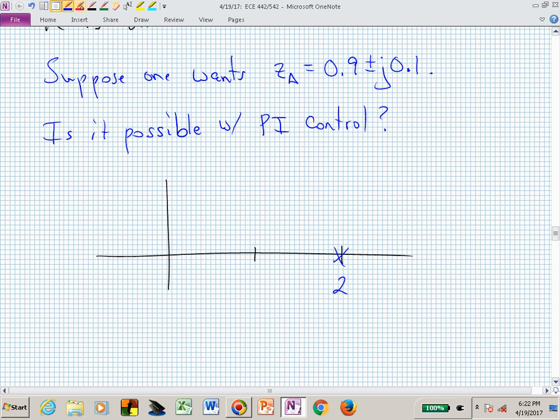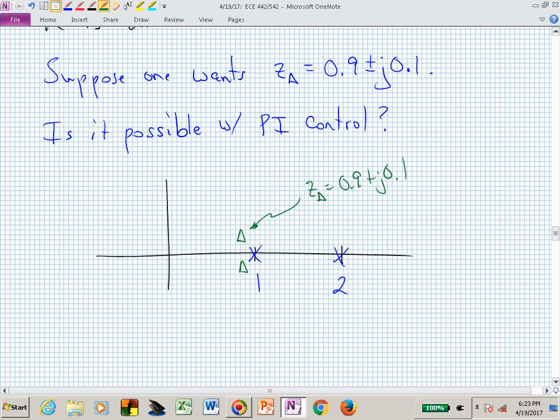We had a PI pole at 1. And now what we want is this, and obviously we have its twin or cousin and the conjugate location, 0.9 minus J 0.1.